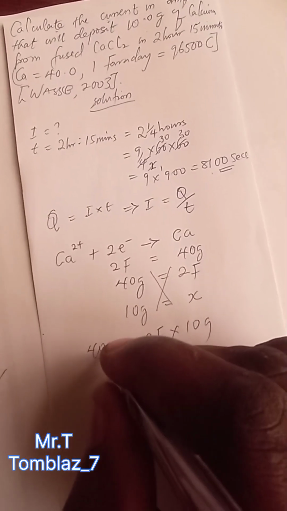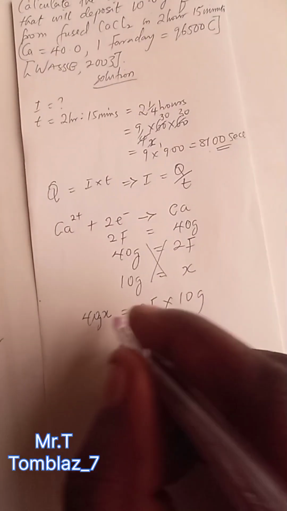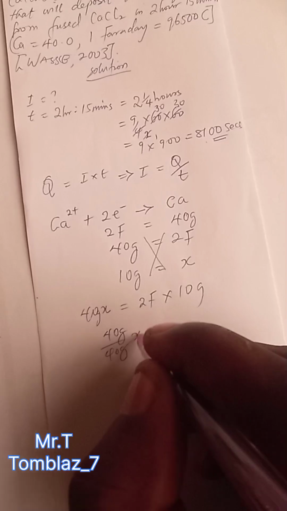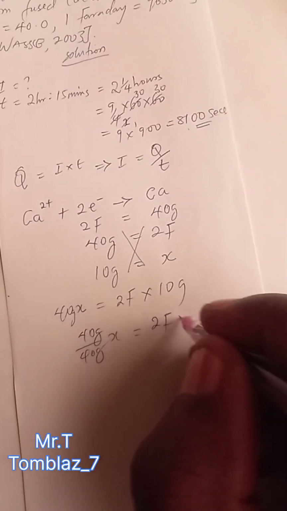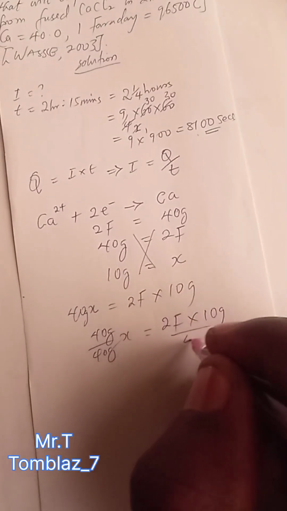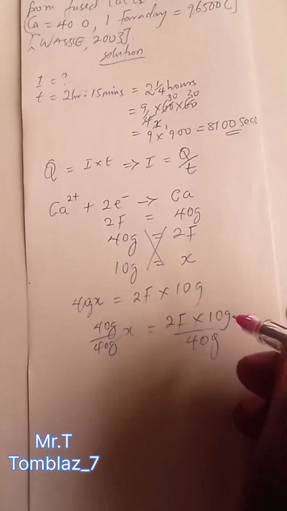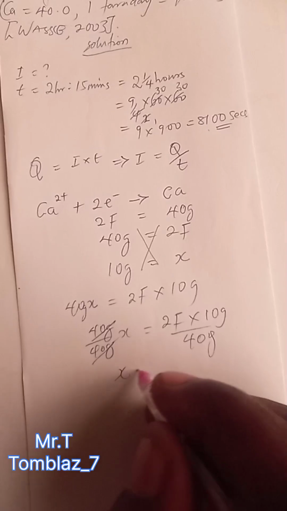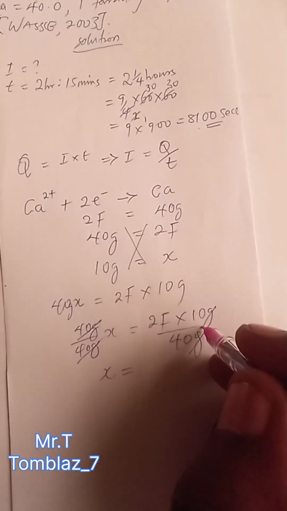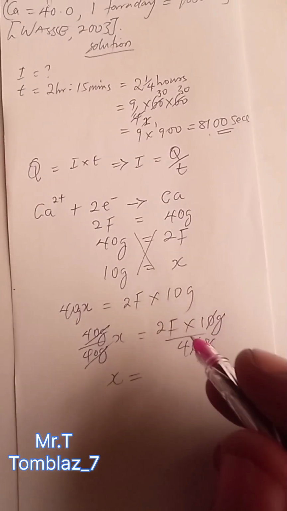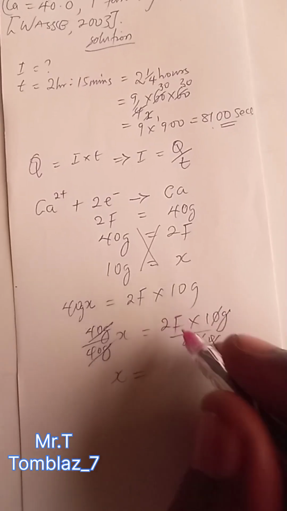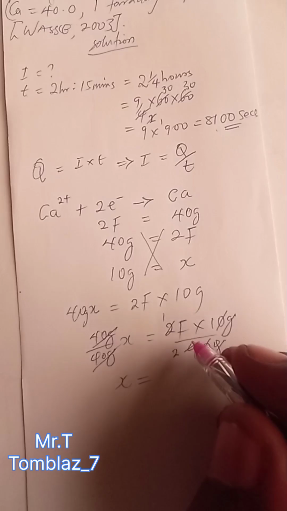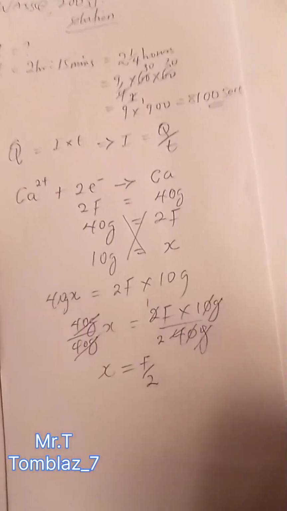Since we are looking for x, we divide both sides by 40 grams. 2F times 10 grams divided by 40 grams, the grams cancel, and 2 over 40 times 10 gives us F over 2.